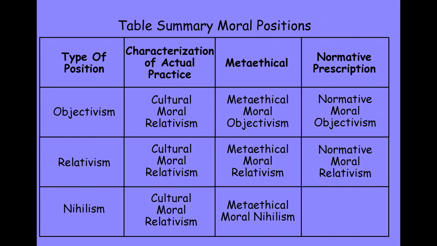It's just not part of reality. And its correlative normative prescriptive view is normative moral nihilism, which denies that we can regulate our behavior by recognizing or coming to know true moral judgments or moral principles, because there's nothing that renders judgments or principles true or false in that way.